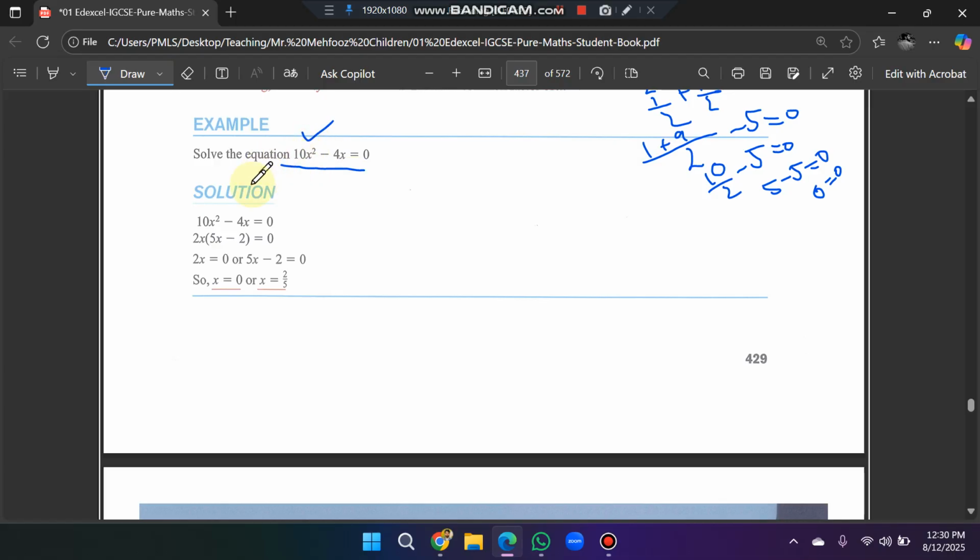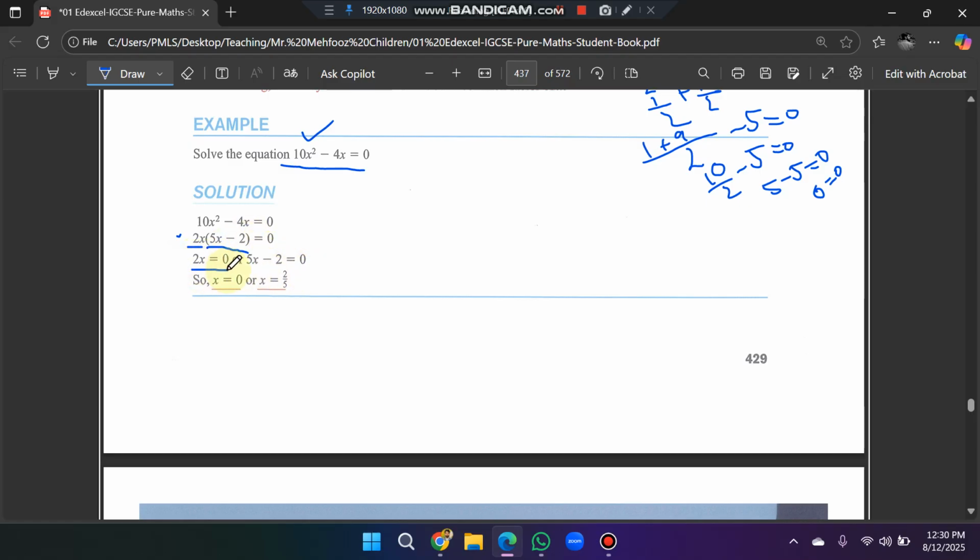So it will be 2x taken as common. So 2x into 5x minus 2. So here you can see that this is a number, this is also a number. So the multiplication of these two numbers is equals to 0. It means that 2x is equals to 0 or 5x minus 2 is equals to 0.